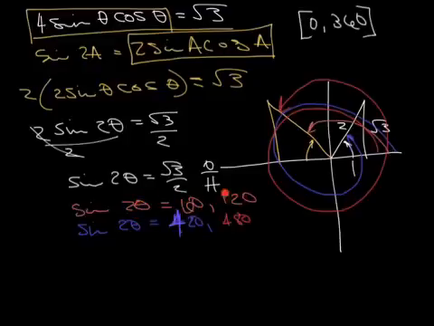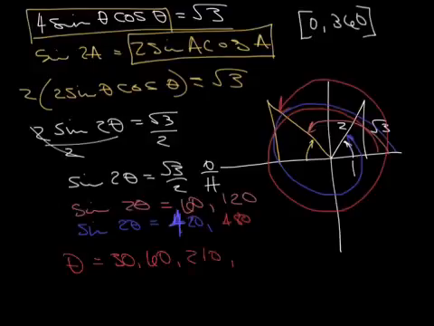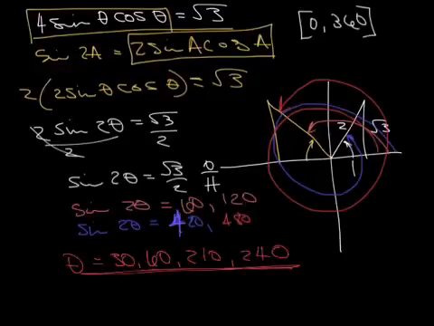If this is 60, then 2 theta would be 120, etc. So my theta is going to be half of 60, half of 120, half of 420, and half of 480. So those would be my 4 thetas there, and they are between 0 and 360 degrees.